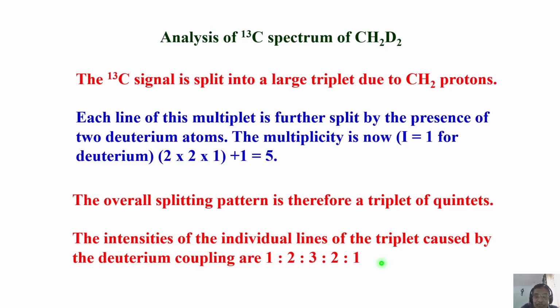But remember, the central group has double the intensity because carbon 13 is split by a 1:2:1 triplet by proton. The pattern remains the same, but each line of this triplet is further split into 5 lines. That's all. So totally you get 15 lines for this carbon 13 spectrum. Very interesting, right? It's a simple molecule, remember.